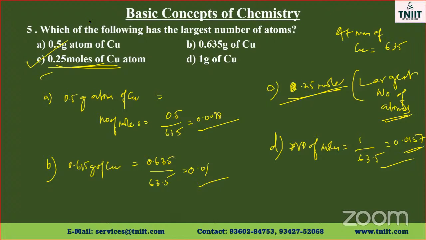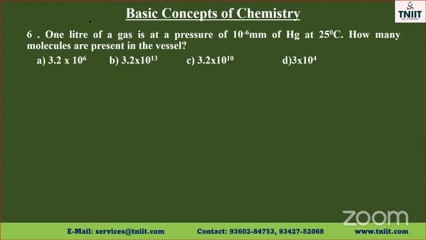The next question. 1 liter of gas at a pressure of 10 power minus 6 millimeters of mercury at 25 degrees Celsius. How many molecules are present in the vessel?